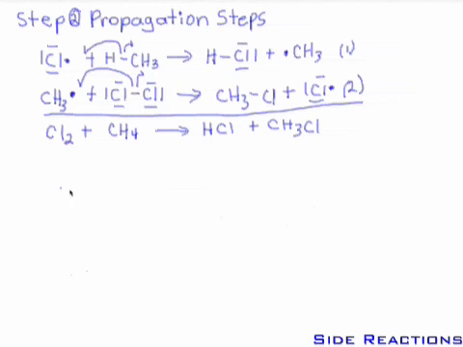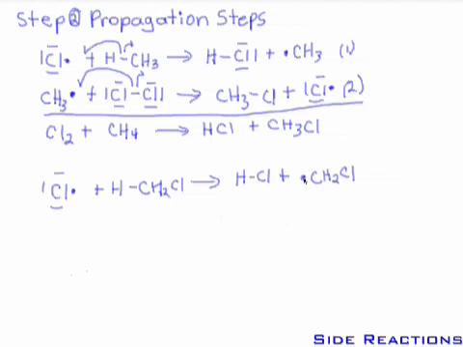Instead of colliding with methane, the chlorine radical collides with the methyl chloride. If that happens, you get HCl again, yes. But this time you get a CH2Cl radical, a methylene chloride radical.